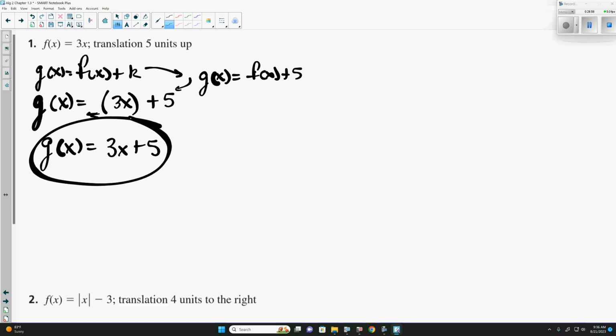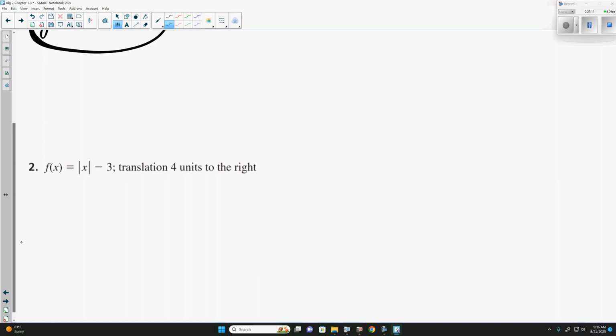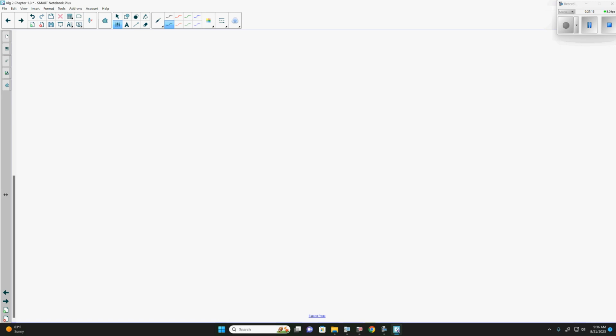Questions on any of this here? We ready for the next one? f of x equals the absolute value of x minus 3. Translate 4 units to the right. So again, we can call this g of x.